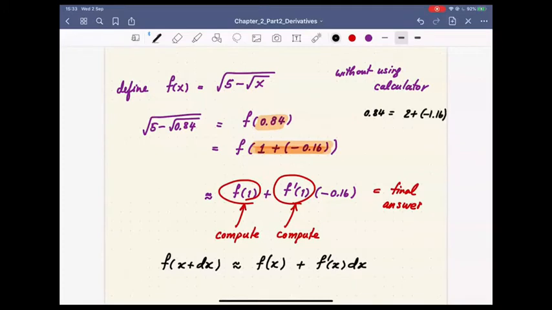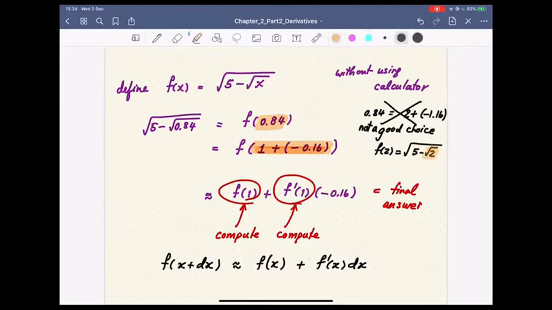You can, but in this case it is not a good choice, because when you compute f of 2, you end up with square root 5 minus square root 2, which you cannot compute easily without a calculator.